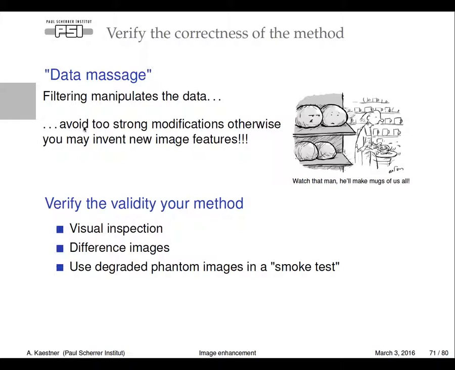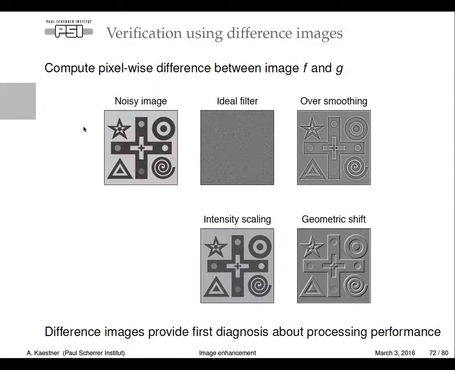If it doesn't pass that test, it's time to look for something new. The next thing is, I already showed you difference images. So you compute the difference between the original and the filtered one, and then you can see the effects. The really big one is working on phantom data, which you degrade and see what comes out afterwards.